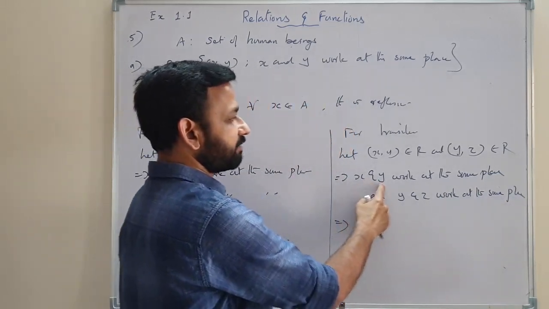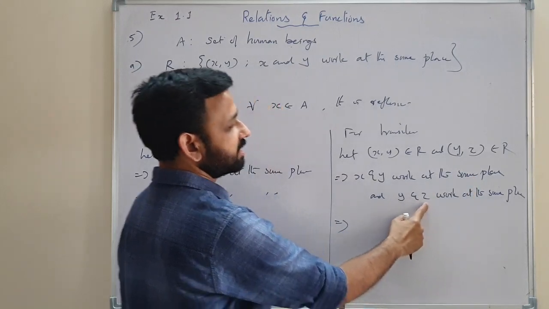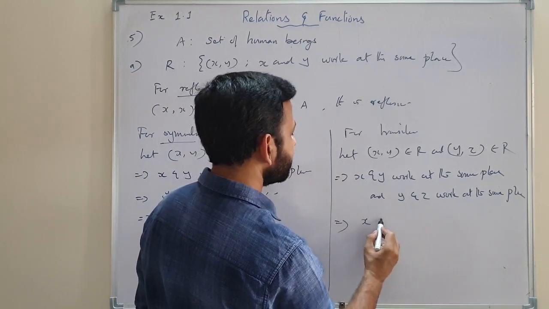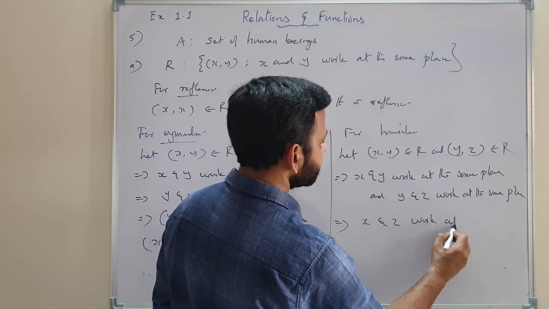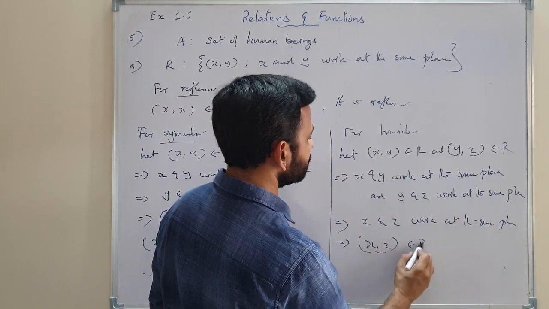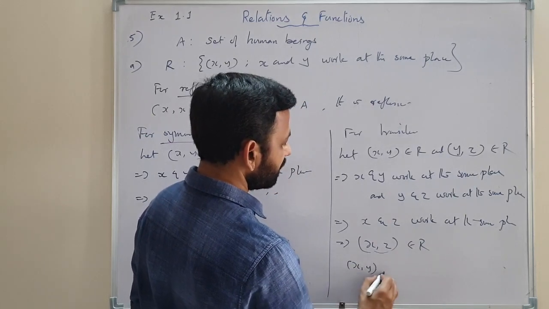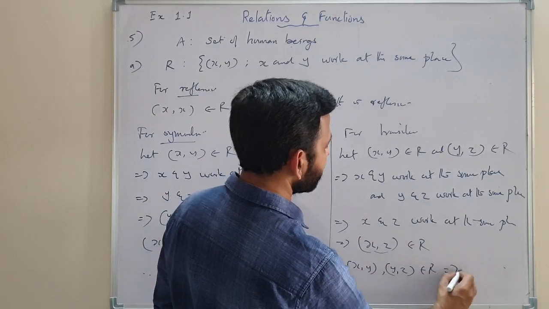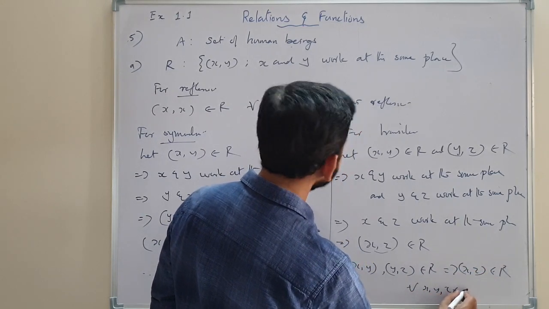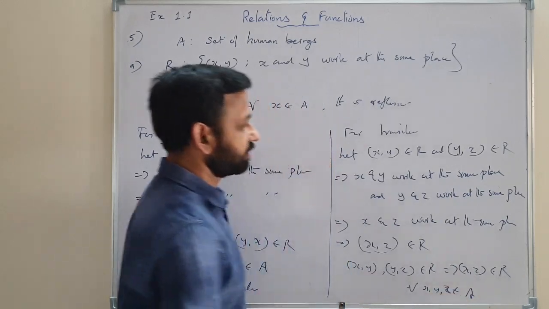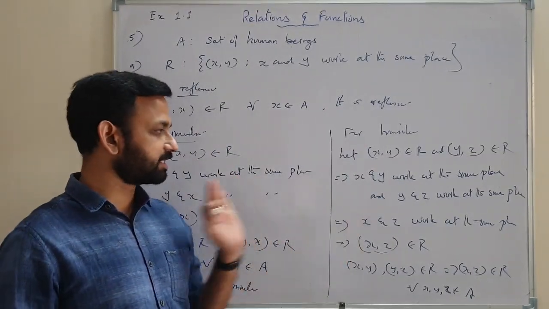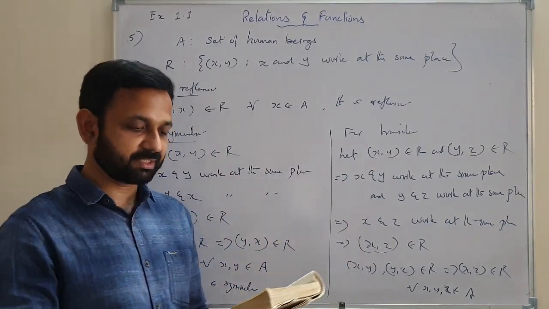If x and y work at the same place and y and z work at the same place, then we can say that x and z work at the same place. Implies (x, z) belongs to R. So (x, y), (y, z) belongs to R implies (x, z) belongs to R for every x, y, z belongs to A. So this is transitive. So this is an example for reflexive, symmetric and transitive. So this is an equivalence relation.